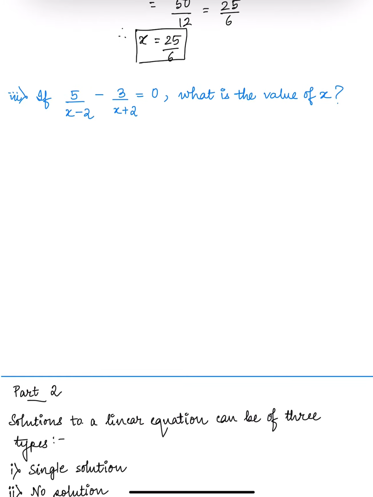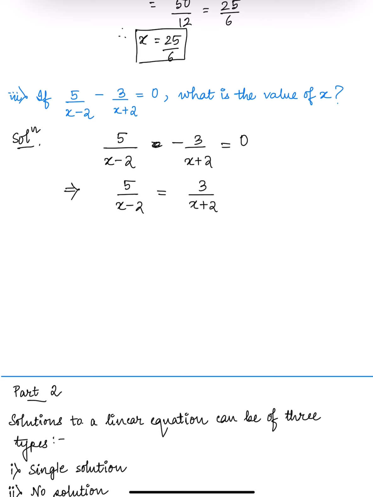Now the third question is this. This is an equation. Let's first write it. 5 by x minus 2 minus 3 by x plus 2 equal to 0. Now we can just take this minus to this side. So 5 by x minus 2 will be 3 by x plus 2. Now we can use cross multiplication, right? So 5 into x plus 2 will be 3 into x minus 2.